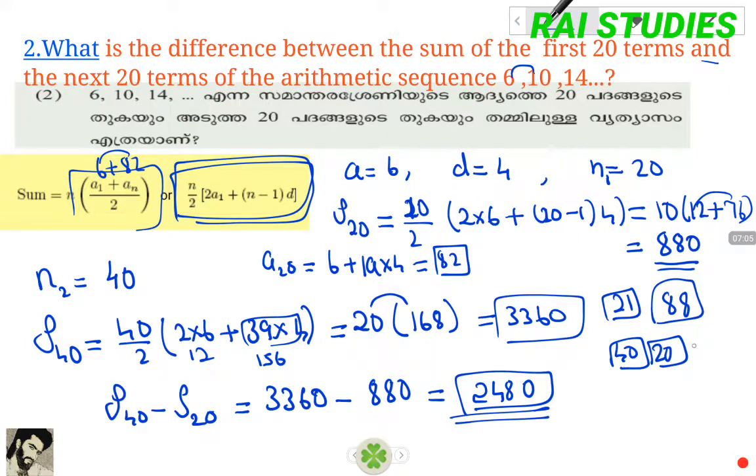Okay, I hope you understand. That's equal to 88 plus 19 times the common difference, which is again 4. 19 into 4 we know is 76. 76 plus 88, you get the answer 164. So 164 is the 20th term of the second sequence, which is the last term of the sequence.